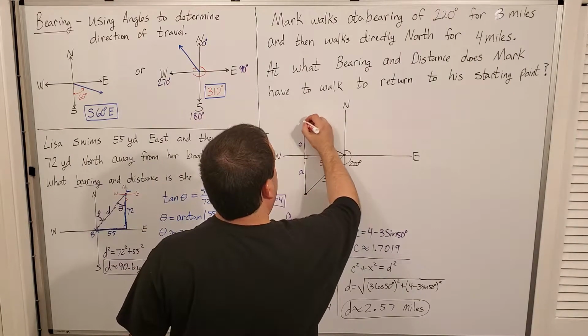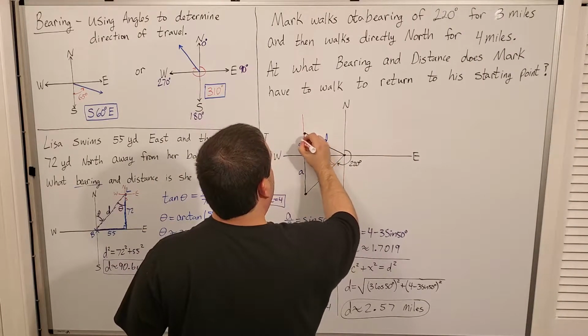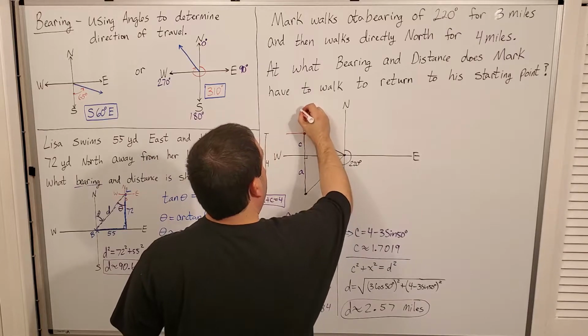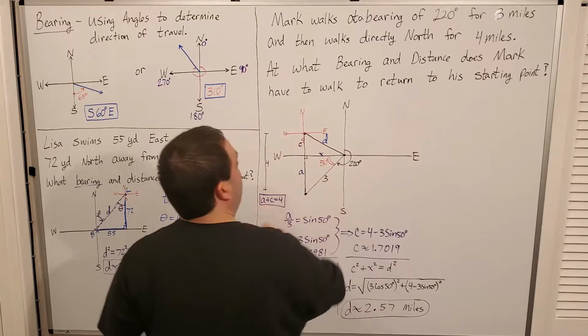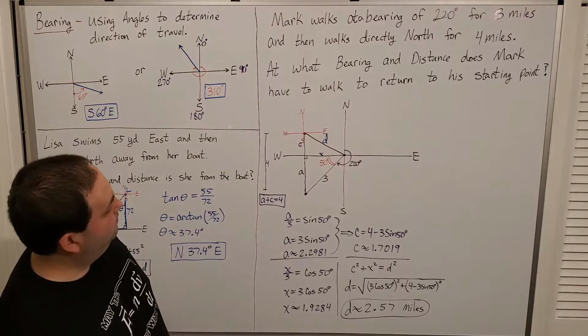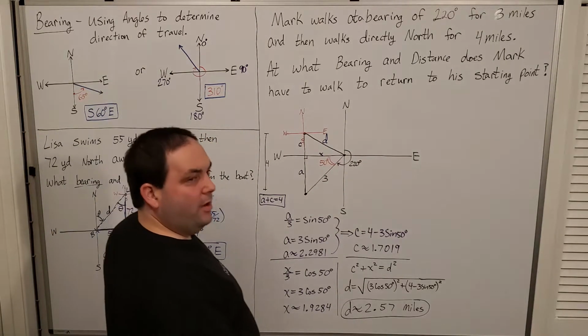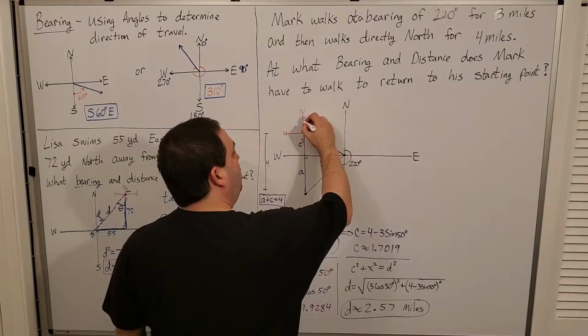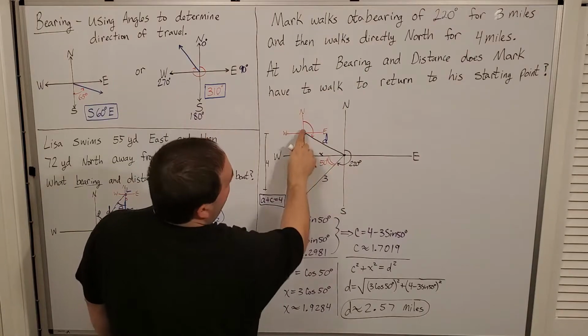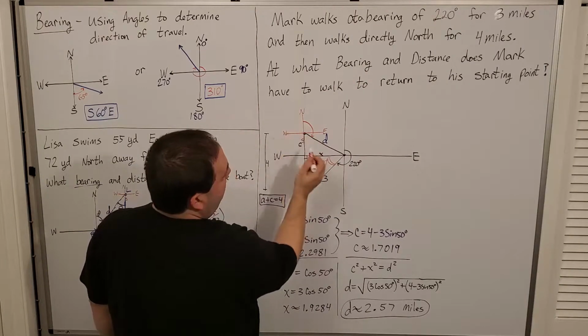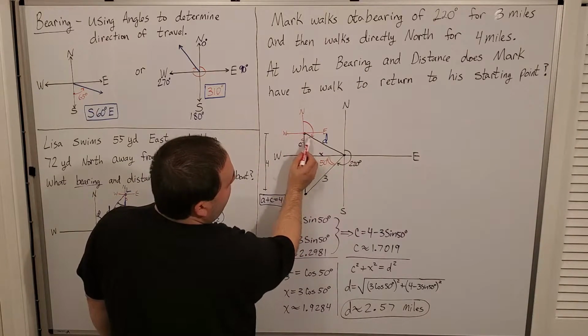Okay, so I'll overlay a little north, east, south, west right here. And the bearing that I'm interested in is going to be this angle right here. If we're using the compass bearing like before, I have to go from 0 degrees north line until I get to the direction I'm interested in going.